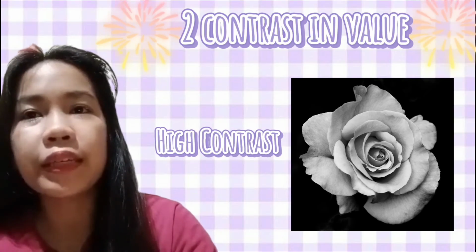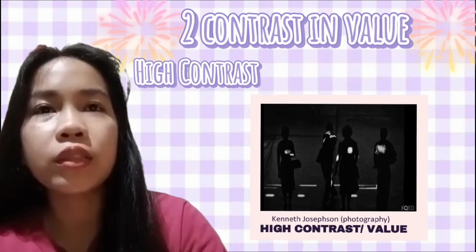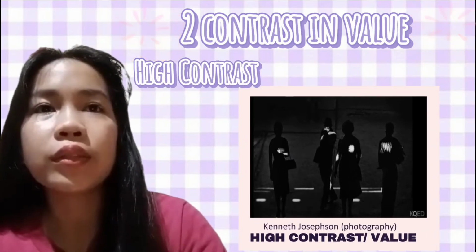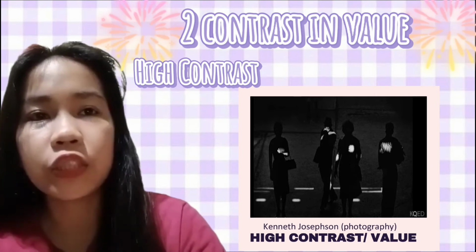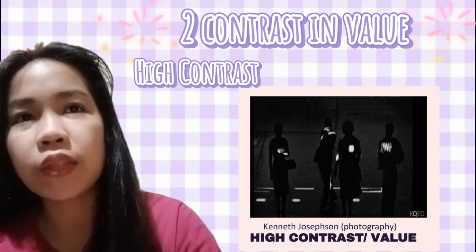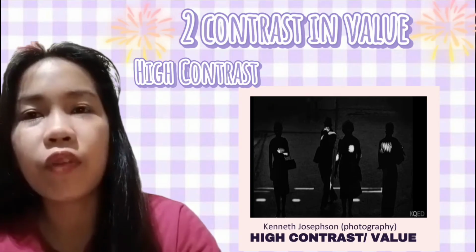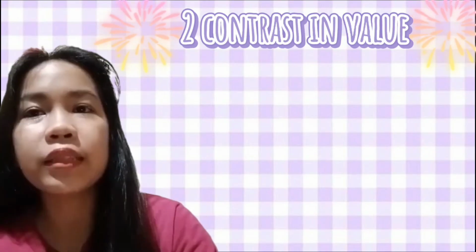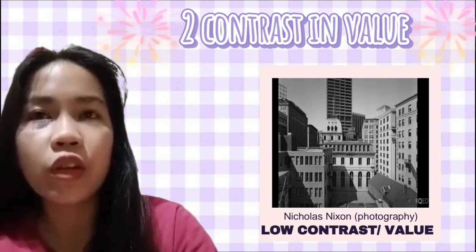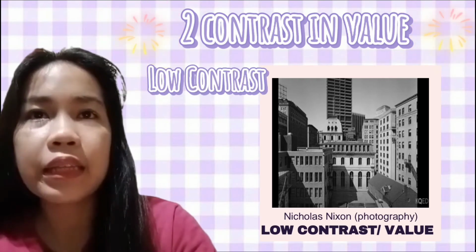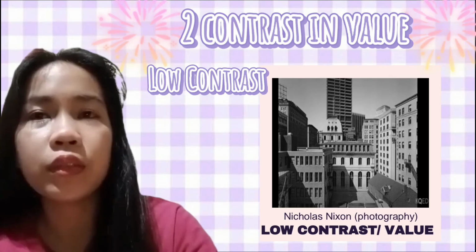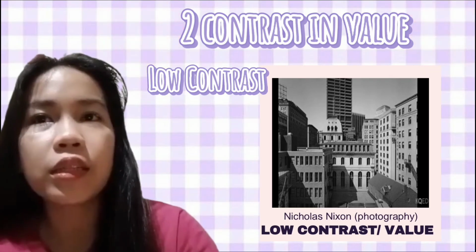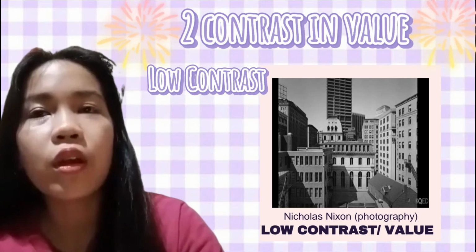For example, this photography by Kenneth Josephson consists only of a few tonal values, which is mostly black and white, so this is an example of high contrast. While in this Nicholas Nixon photography, makikita natin na madaming tones ng gray or middle gray ang bumubuo dito. And this is a great example of low contrast artwork.